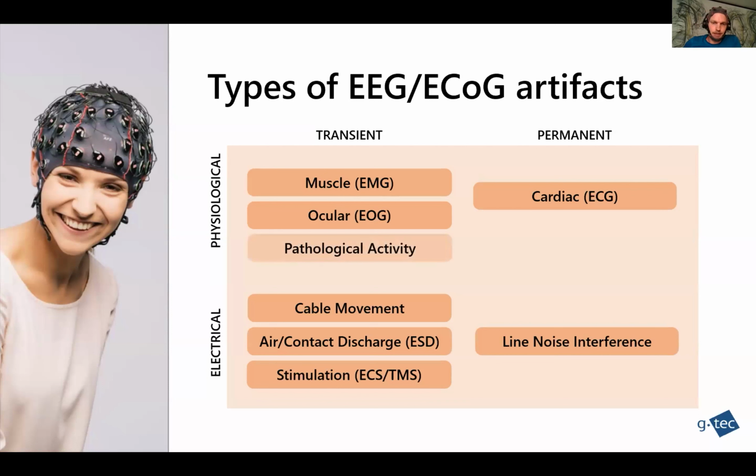What can also happen, and it's really a question whether it's an artifact or not, is pathological activity. It's very difficult to distinguish or classify this because pathological activity, for example, epileptiform spikes, basically spiking activity from epilepsy patients, can have very large amplitudes.